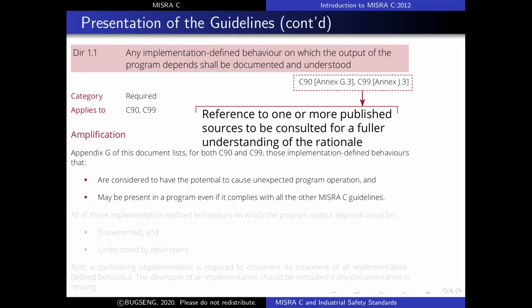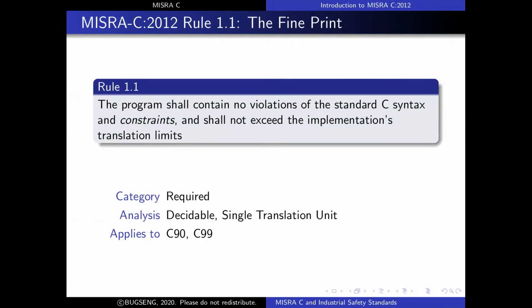Here is a very good example, because the directive says that the implementation defined behavior on which the output of the program depends. This is the part that a static analysis tool can tell you. The static analysis tool can tell you if you depend on some implementation defined behavior. However, the tool can say nothing about whether you documented them properly or if you understand them. So that's why this is a directive.